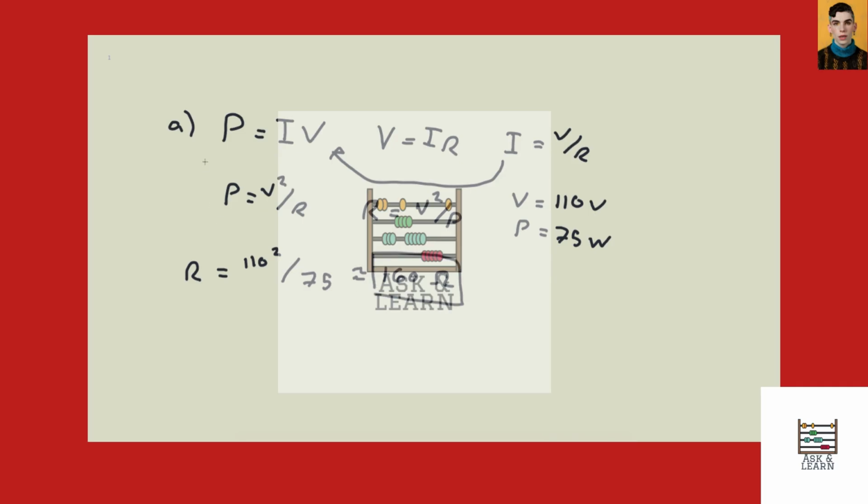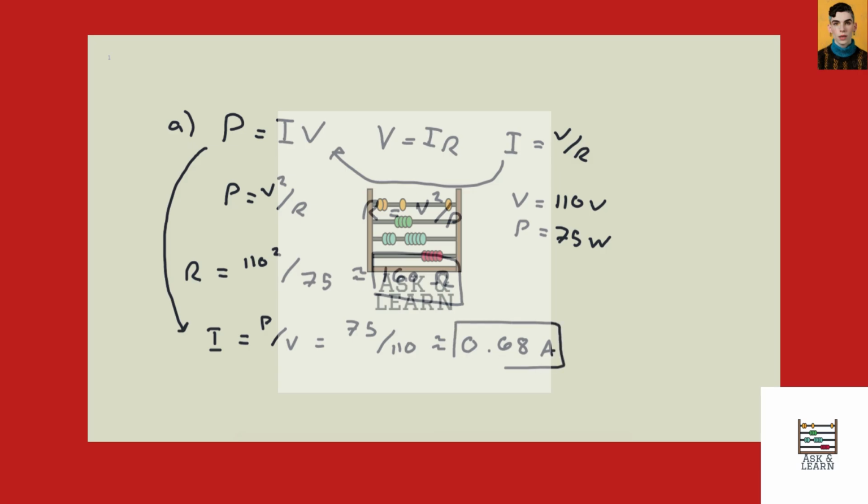Now the current is actually a little bit easier because we can just go ahead and directly rearrange this equation up here, finding that I is equal to P, the power, divided by V, the voltage, which is just going to be 75 divided by 110, which is going to be about 0.68 amps. Again, here I'm using two significant figures because that's the number used in the problem.